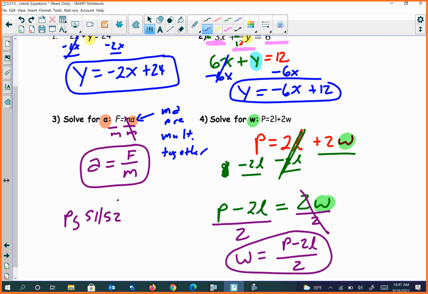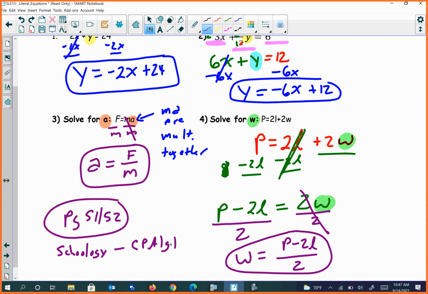But I also want to remind you, on Schoology, under our class for CP Algebra 1, I have a folder. I think it's a red folder. I changed the color because everything else was blue.